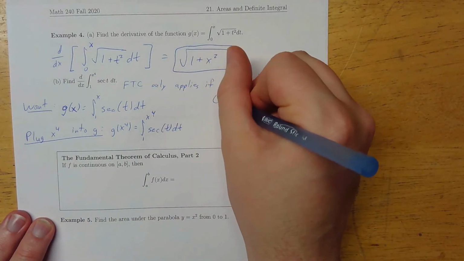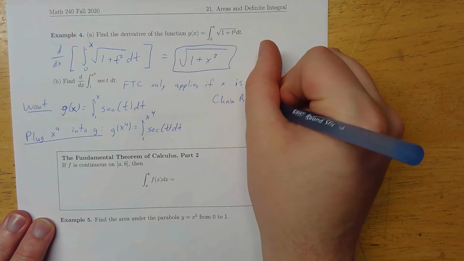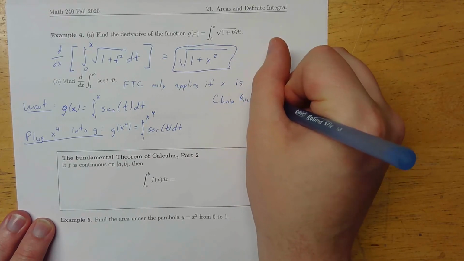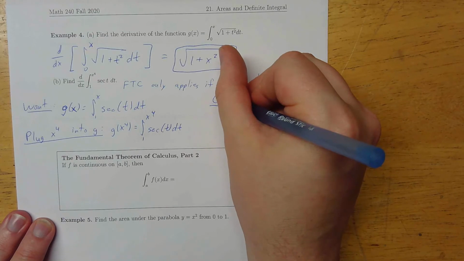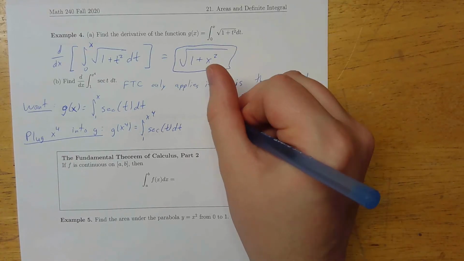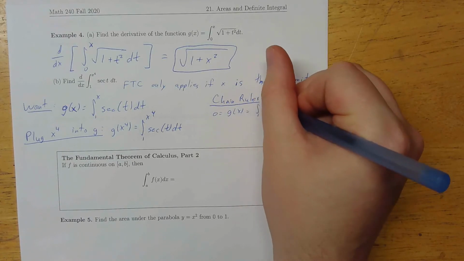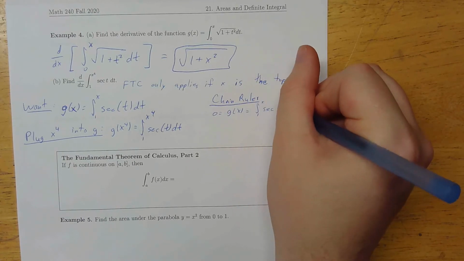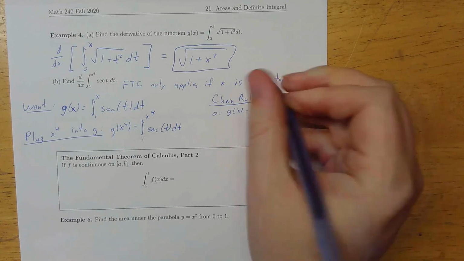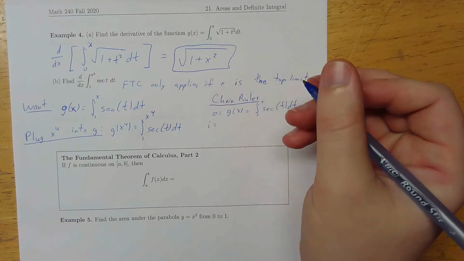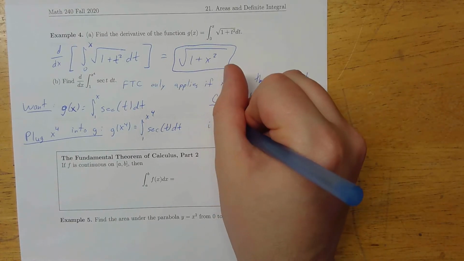And chain rule tells us that we'd want to use our inside and outside functions. So the outside function is g of x, which is the integral from 1 to x of secant of t dt, and the inside function is x to the fourth.